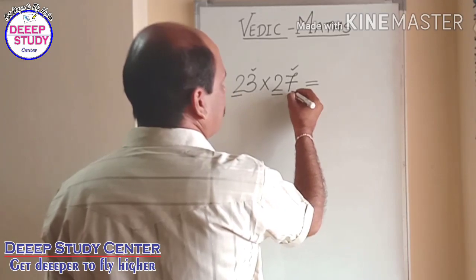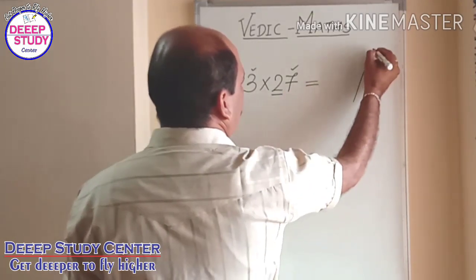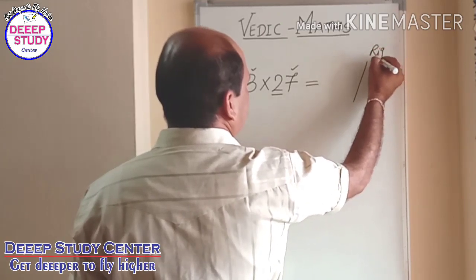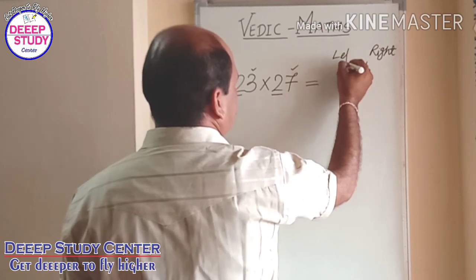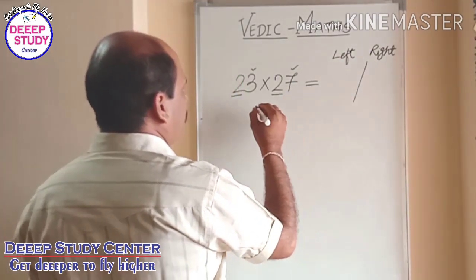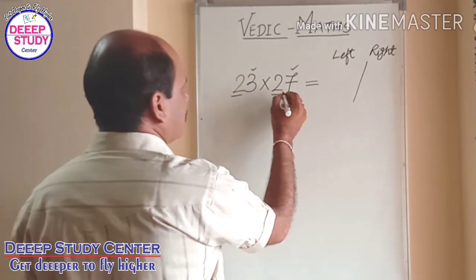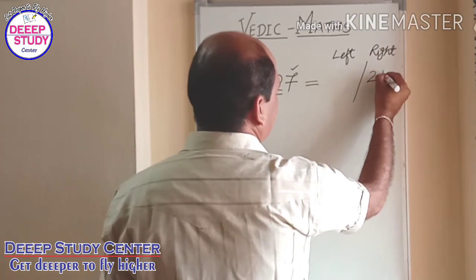To multiply these numbers, the answer has two parts. One is the right part and the second is the left part. To get the right part, we multiply the unit digits, that is 3 into 7, which is 21.